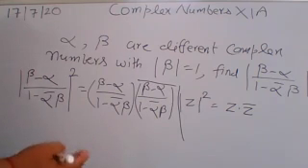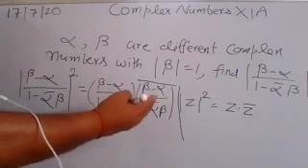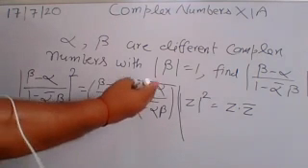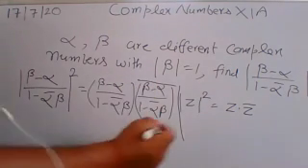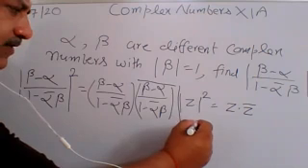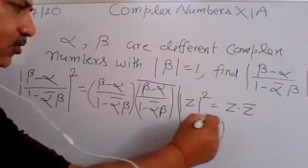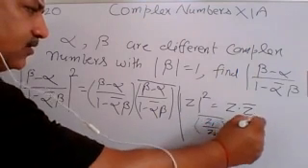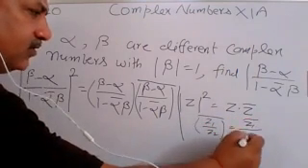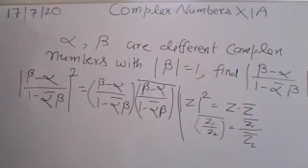And if you are applying a property on that, it means conjugate, here you have the conjugate over all. So again, you know this property: conjugate of z1 upon z2, whole conjugate, is equal to conjugate of z1 upon conjugate of z2. You know this property. So here you are applying that.